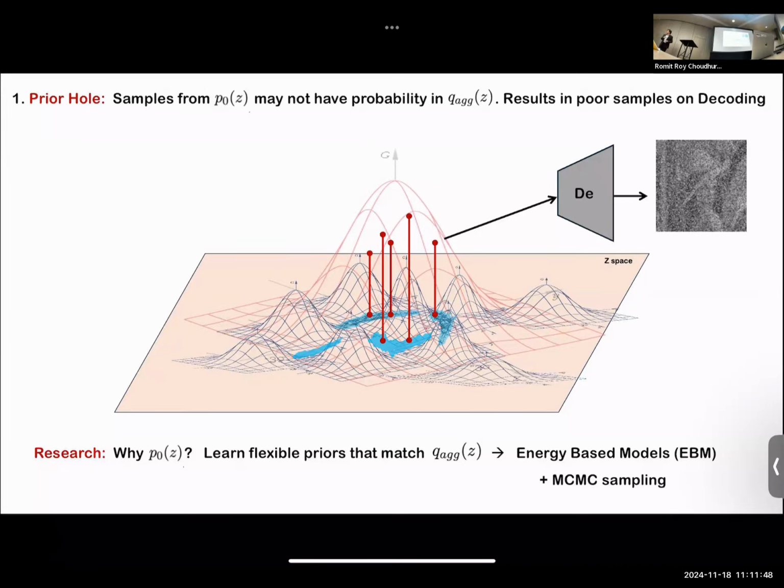Let me understand your question a little bit more. Why do you say random samples don't have information? Random sample does not give any hint about what kind of image. But you see, I trained the latent space to match the isotropic Gaussian distribution. So when I sample from the isotropic Gaussian, my latent space is actually very meaningful. All the cats and dogs have come and sat underneath the isotropic Gaussian.